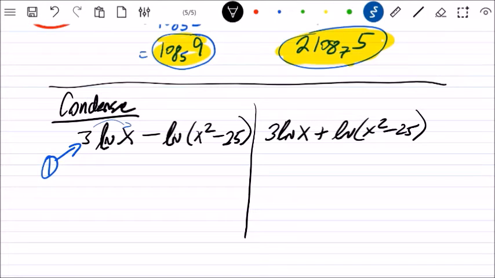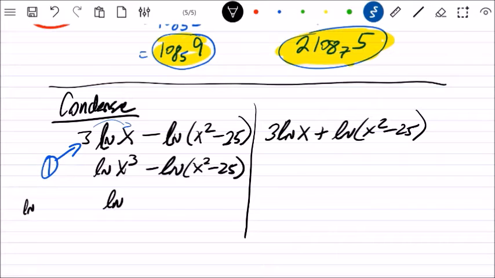So we get natural log of x to the third power and natural log of x squared minus 25. Now, since neither of them have coefficients, we can go ahead and combine.